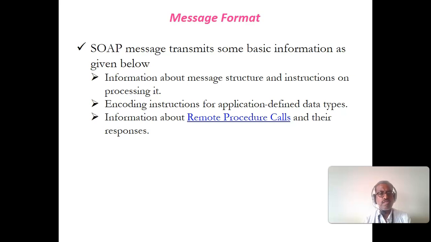So, by using data types and other parameters that will be specified by the SOAP message. And then in the case of remote procedure call, the information can be exchanged and the response from RPC is also recorded and done by the SOAP message.